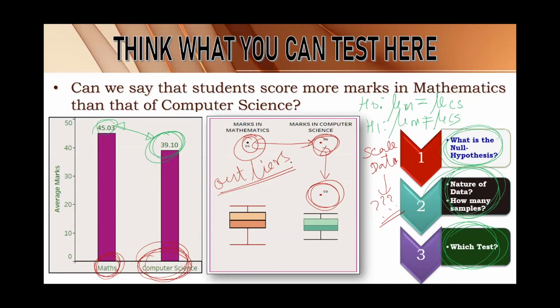Sushmita, they are unrelated because we believe that a student who is scoring marks in maths has nothing to do with scoring marks in computer science. I may be good in maths, I may not be good in computer science. That's the assumption we are making.